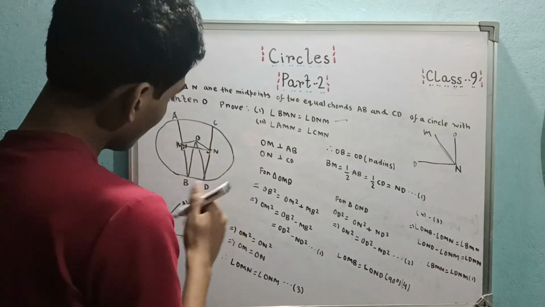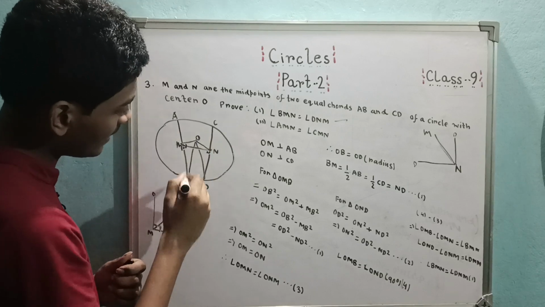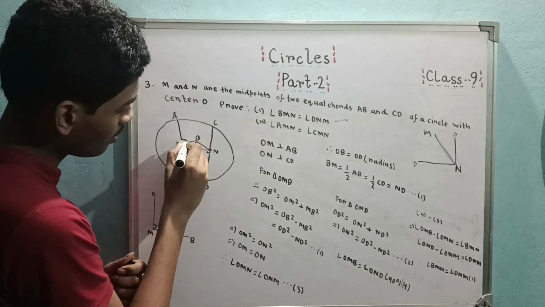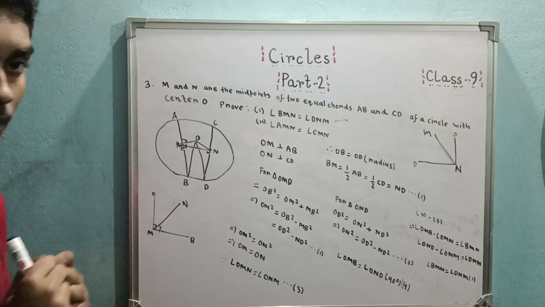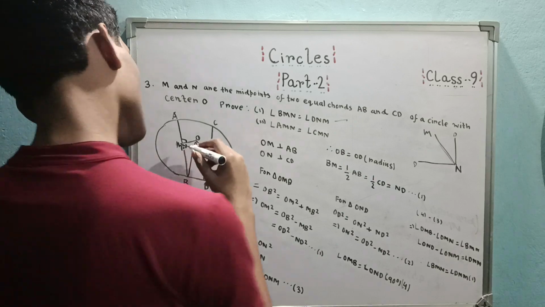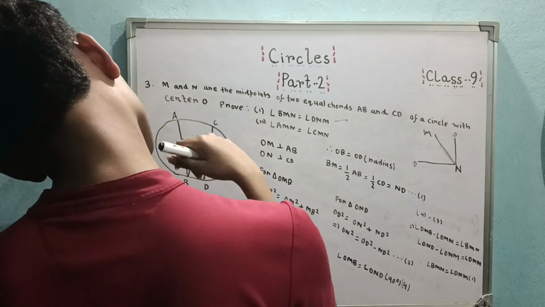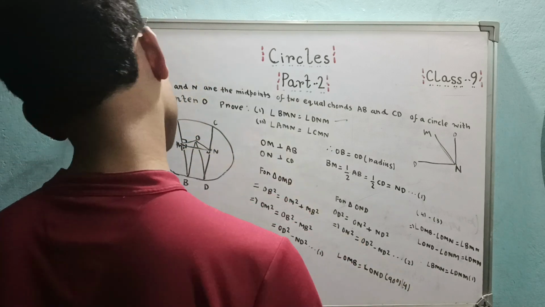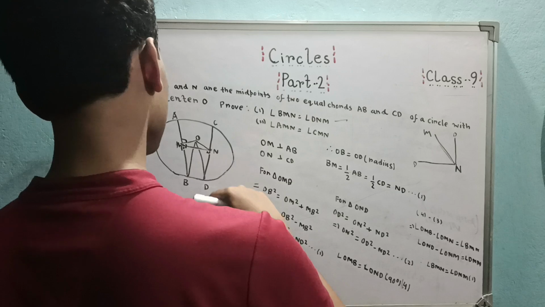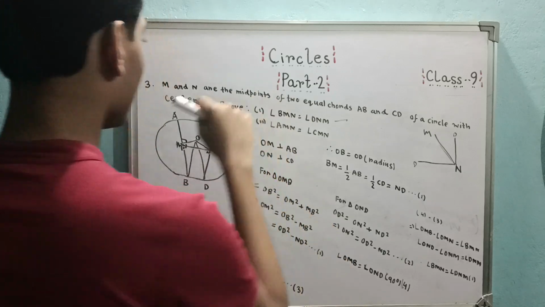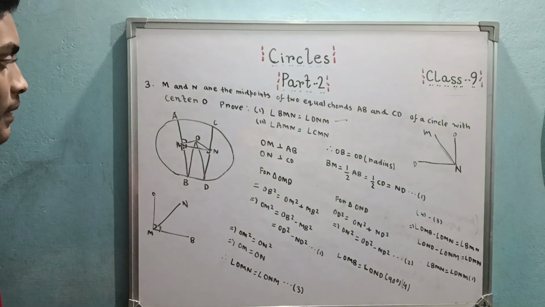It's a right angle. So, if OMB is the right angle, then OMA is also a right angle because of this perpendicular OM. Similarly, here, as ON is the perpendicular on your CD, that means OND and ONC are right angles. That means OMA and ONC are right angles.